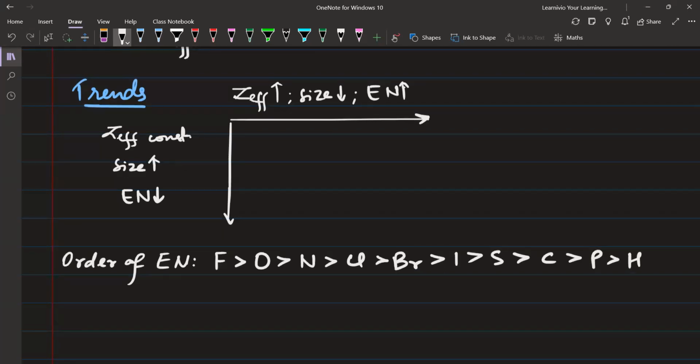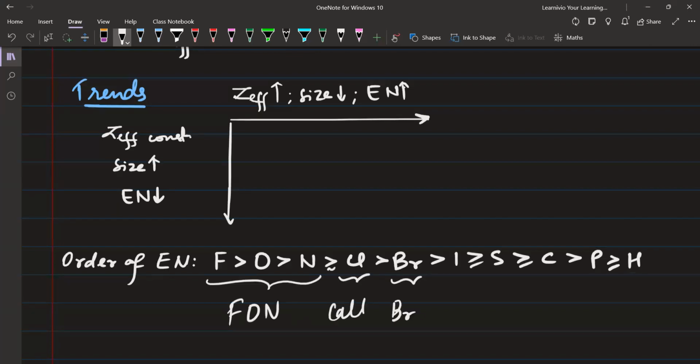Although nitrogen and chlorine have almost similar values, iodine, sulfur, carbon have almost similar, and phosphorus and hydrogen have almost similar. You can remember it like this: Con Col Bro, this is ishq, this is pyaar hai. Con Col Bro ishq pyaar hai.